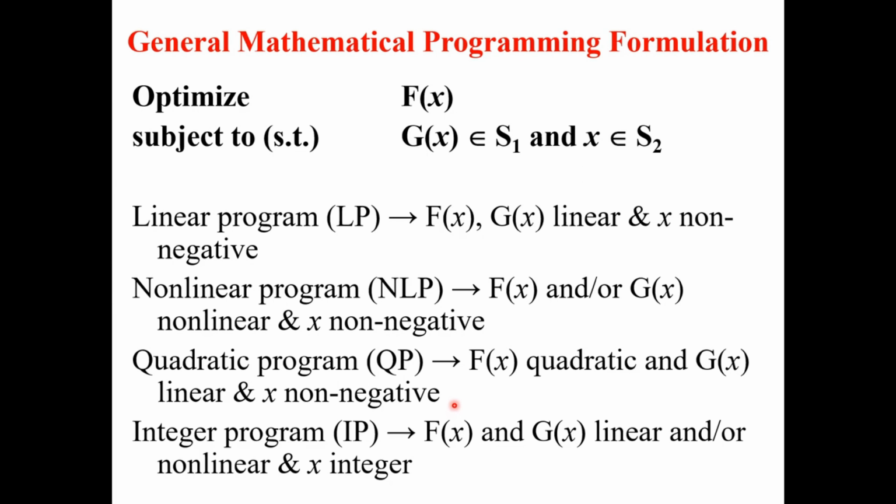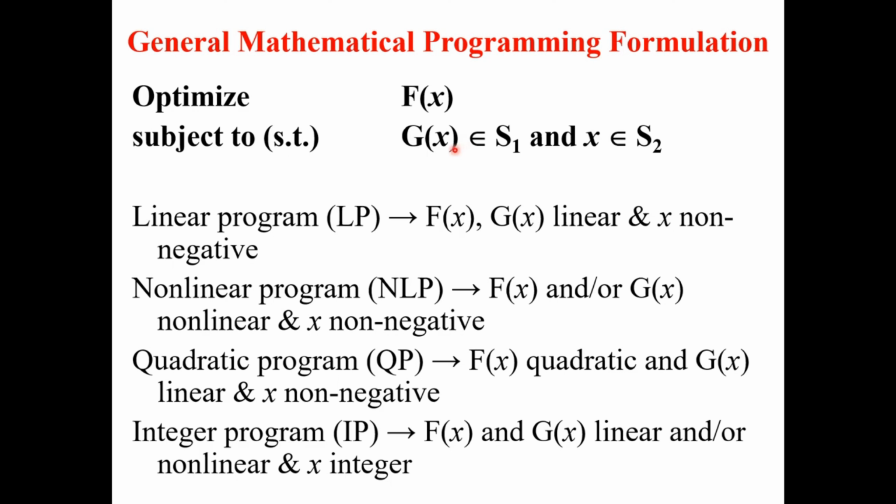So when we talk about general mathematical programming formulations, the general formulation is one where we want to maximize or optimize some function f of x subject to a constraint set.